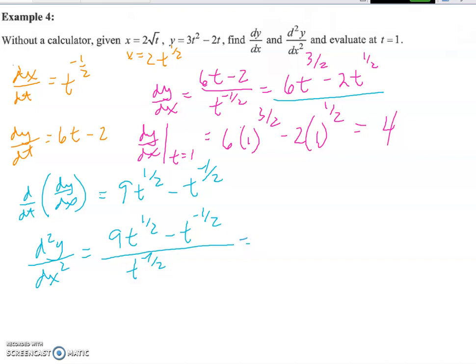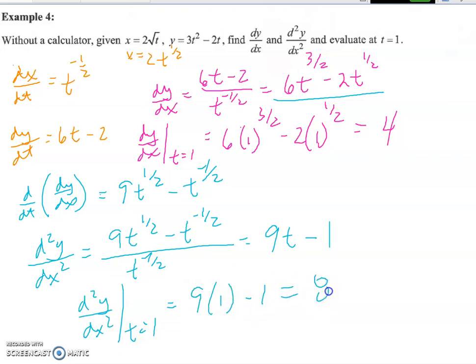Alright, so what I end up with is 9t to the first power minus anything divided by itself is just 1. Now it's asking us to evaluate at t equaling 1, so I can evaluate d2y/dx2 at t equaling 1. So I got 9 times 1 minus 1, which is going to leave me with 8.